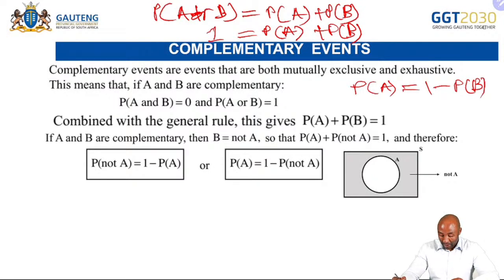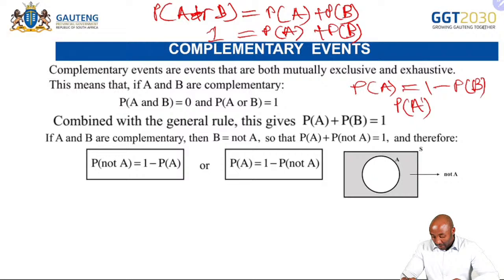Now, we should also be aware that different books use different notations, but according to the KEPS document, we are supposed to be using the term not A. But I know that some books represent the probability of not A as A with a small apostrophe on top there.